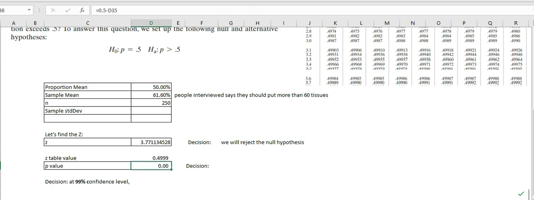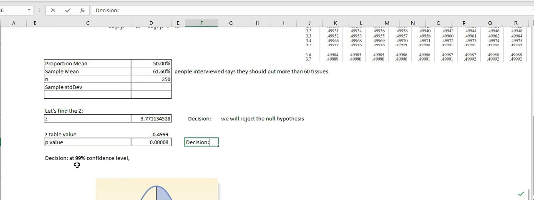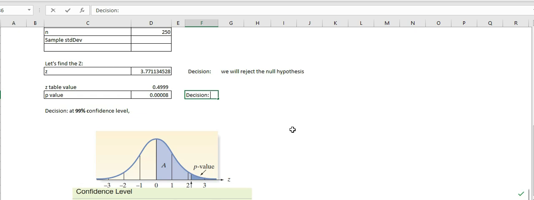So it's 0.008, since this is a 99% level of confidence. This is within the 0.01 alpha.